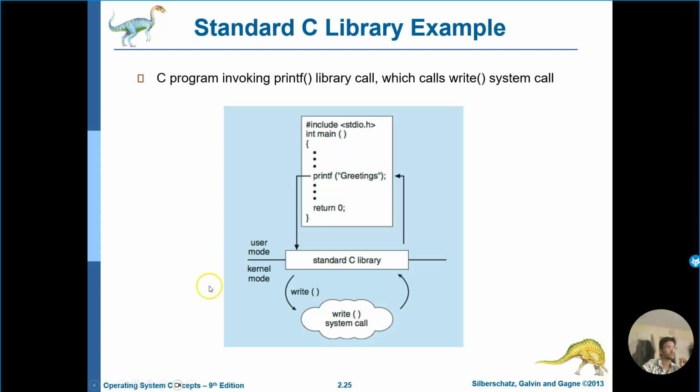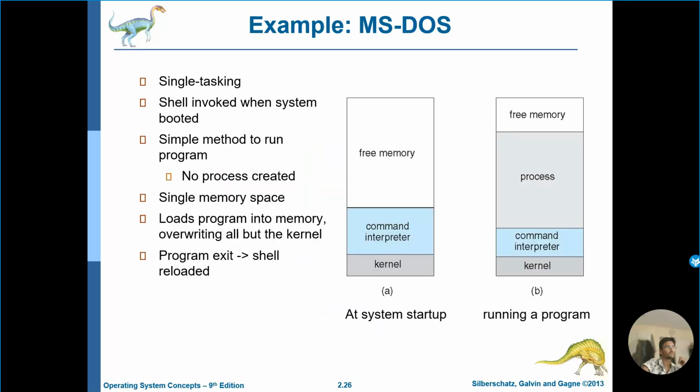So from user mode we call printf, that goes to the standard C library, which calls the write system call through the system call interface. The system call processes it and sends it back to the library, which sends it back to the user mode or whatever the user interface is.